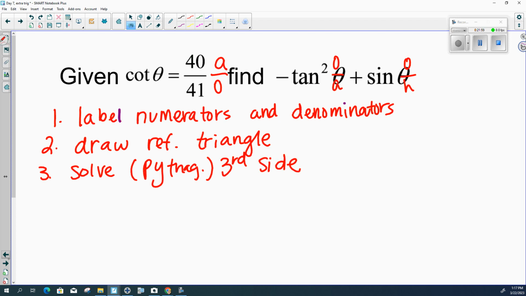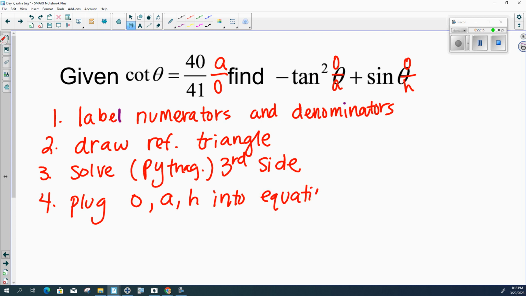And then plug those numbers back where they need to be. So we're going to plug opposite, adjacent, and hypotenuse into your equation.